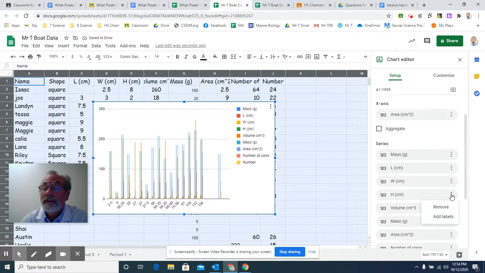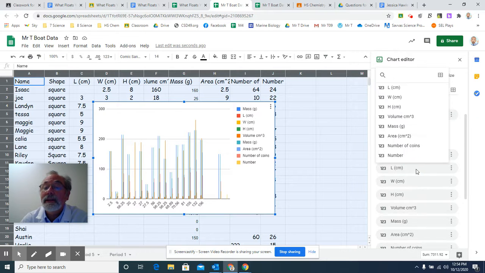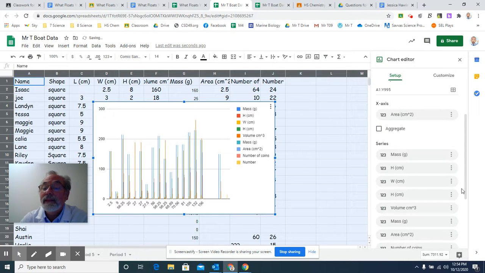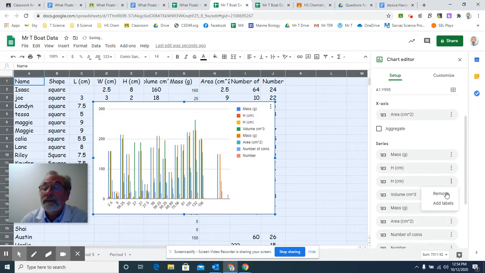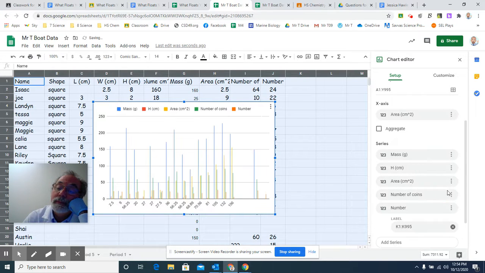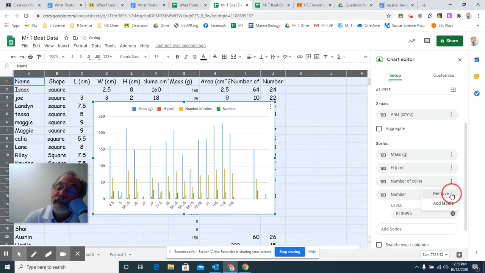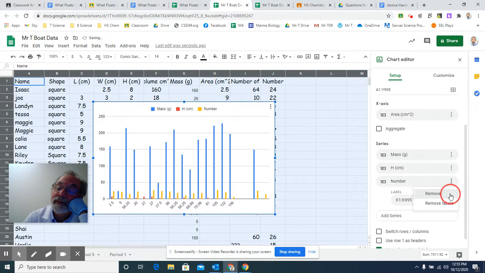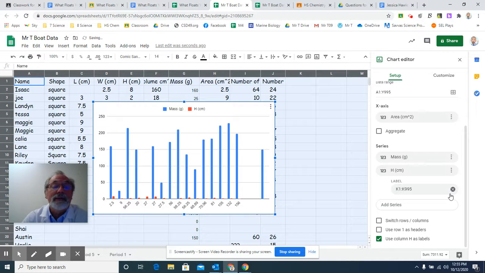And I want that to be height. I want the second one to be height. And then everything else can go away. Just remove it, remove it, remove it, remove it, remove it, remove it again, and remove this one, and we should just about be there. Now we've got a graph.